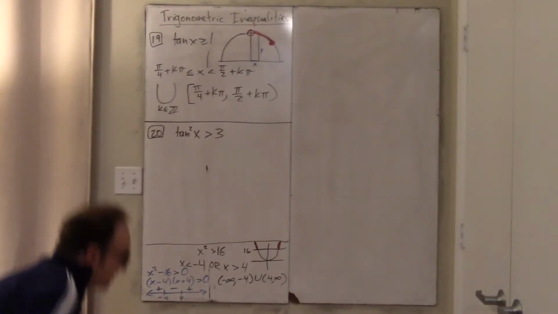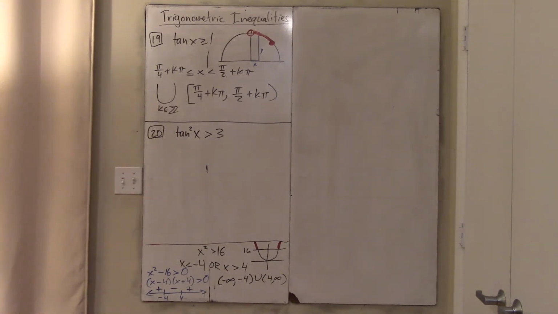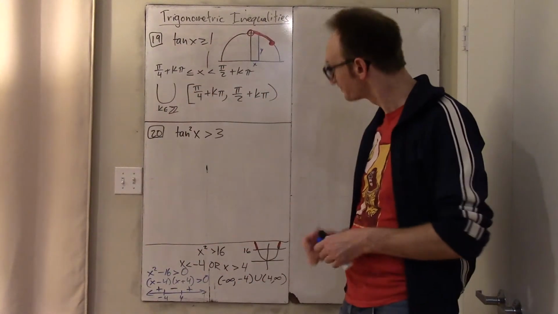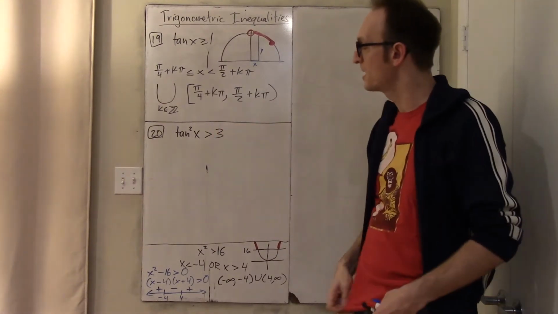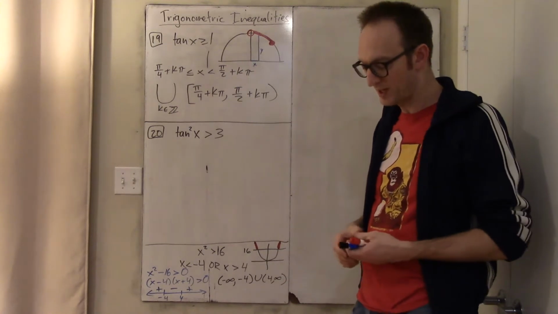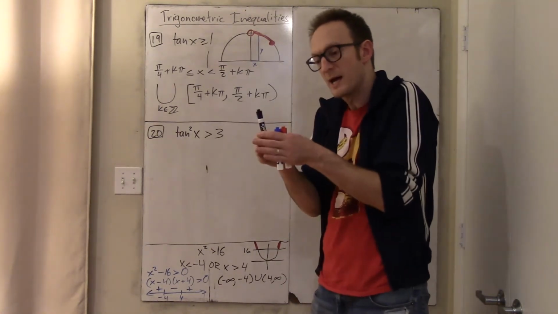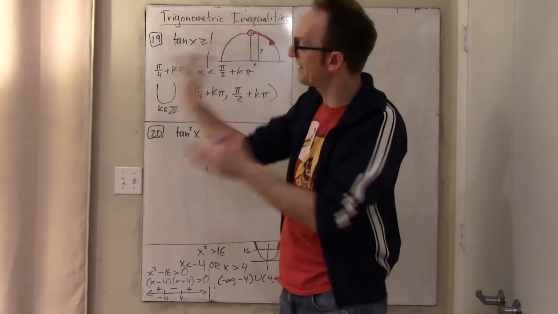So whether you want to do that all out, or whether you want to just think about it for a second and just know the answer, or whether you want to think of the graph, one way or another you should become comfortable enough that this doesn't take a lot of effort. So, assuming we've mastered that, this problem is in that category, right? When is tan squared going to be bigger than 3? Well, the square of something is going to be bigger than 3 when that thing is either bigger than the square root of that number or less than the negative square root of that number.